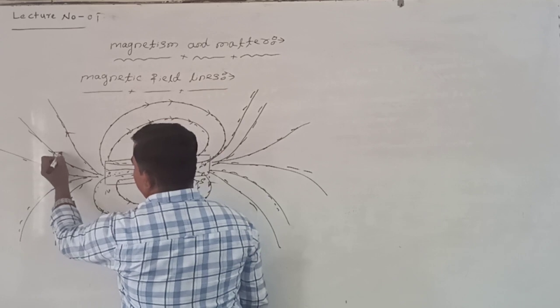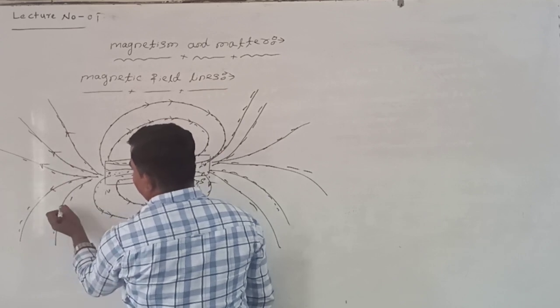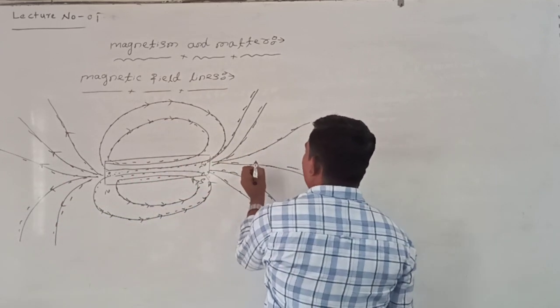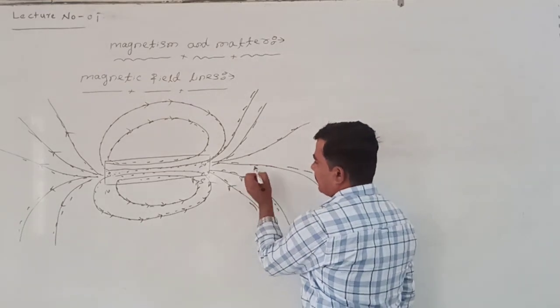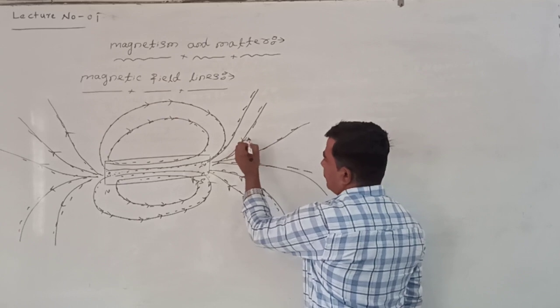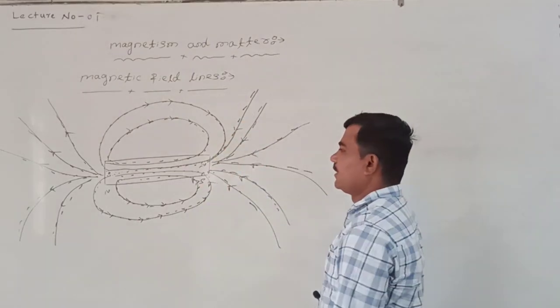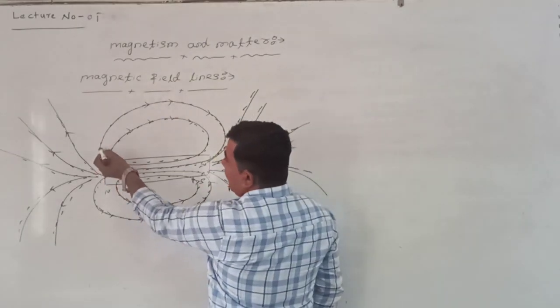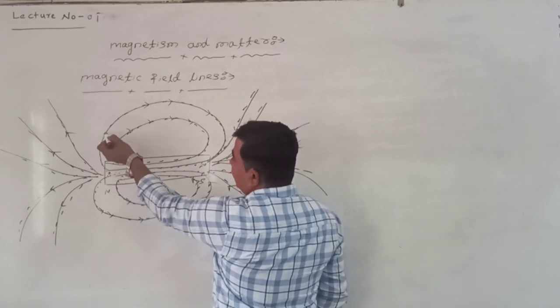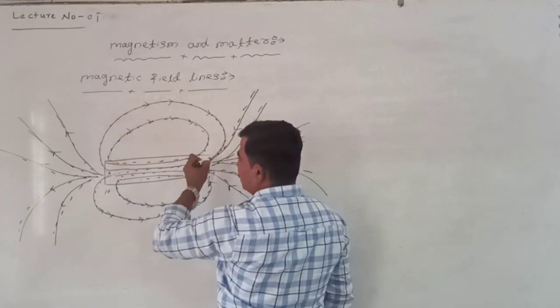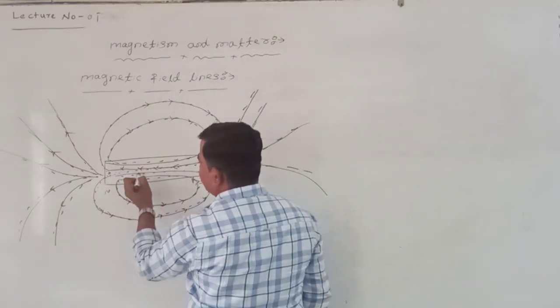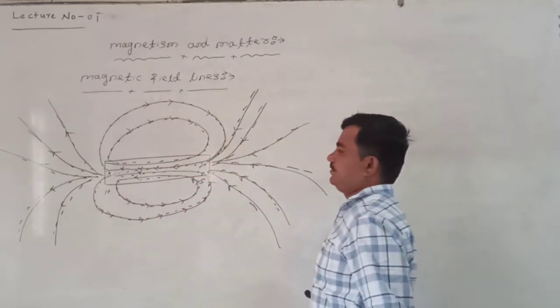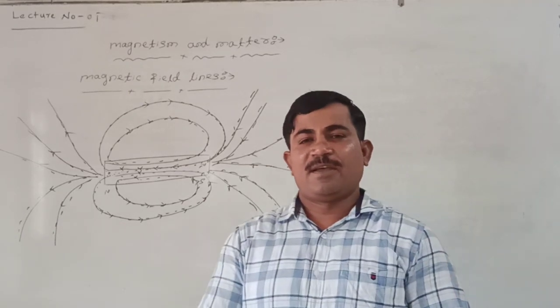Like this they will arrange. So outside the bar magnet, magnetic field lines travel from North Pole to South Pole, and inside the magnet they move from South Pole to North Pole. Like this, simply.